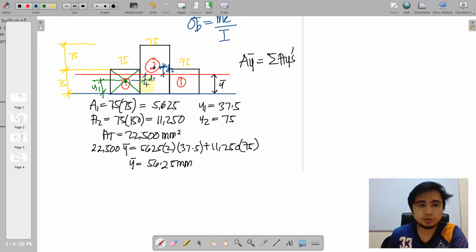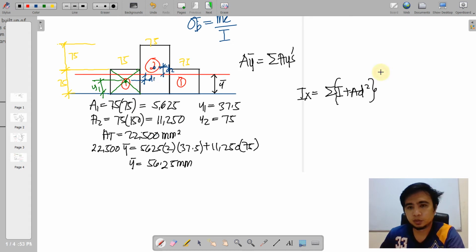Say we have d1, the centroid, and then d2, up to your neutral axis. This involves the formula Ix is equal to the summation of I plus Ad squared, where d here is the transfer distance.